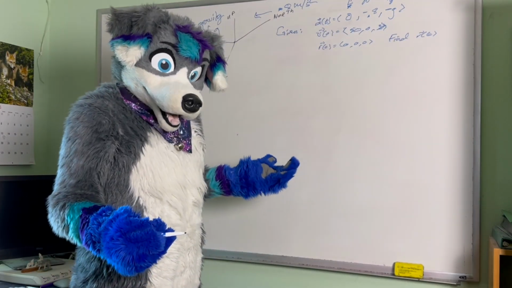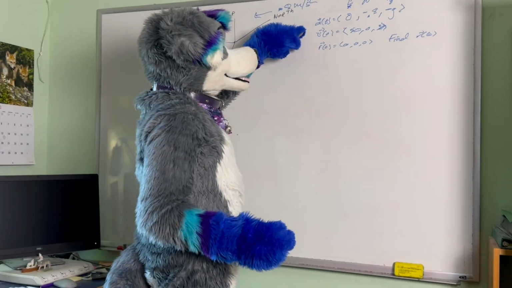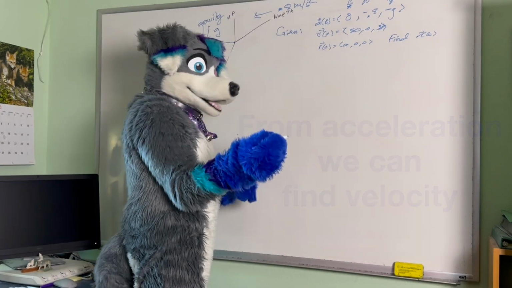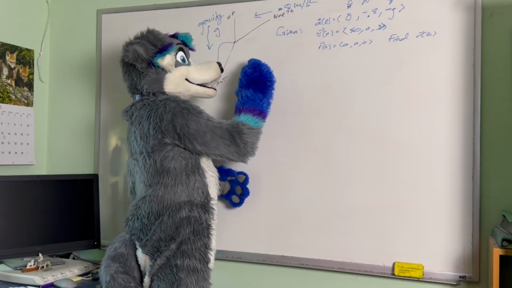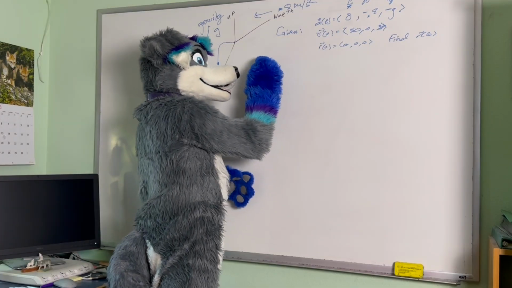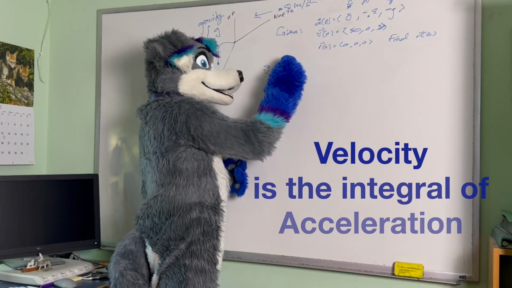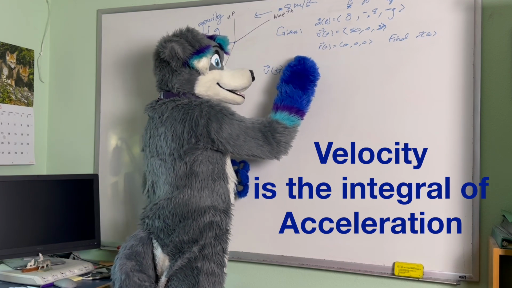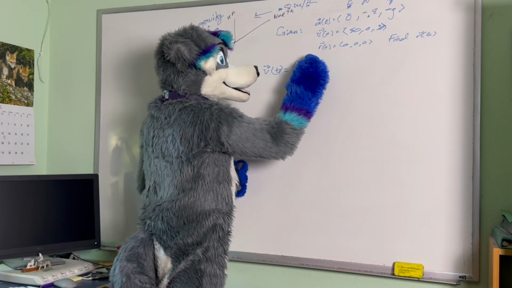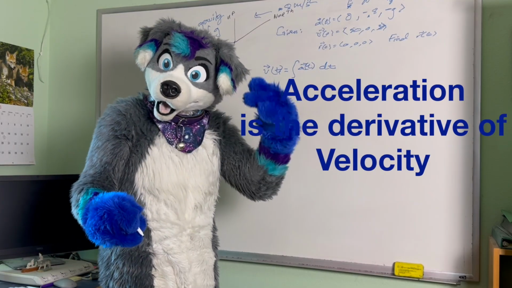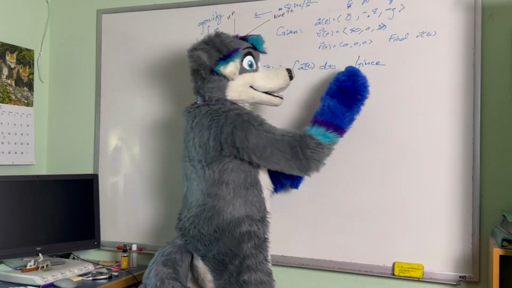All we need to do is integrate things, right? From our acceleration, we can find our velocity function. If you remember from calculus and physics, velocity is the integral of acceleration. That's just because acceleration is the derivative of velocity.